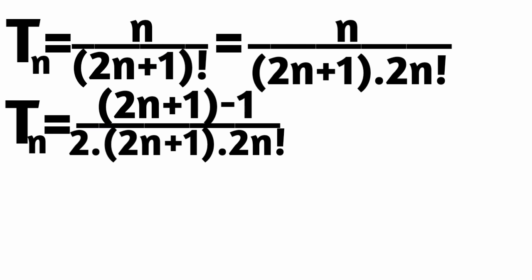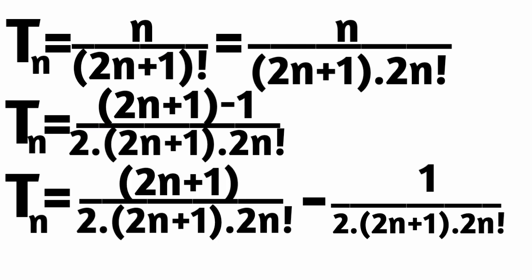Okay, now as you can see, the factor 2n plus 1 in both the numerator and denominator is the same, so they will be cancelled out, and finally we get 1 divided by 2 into factorial 2n, and the second term will remain the same as before.